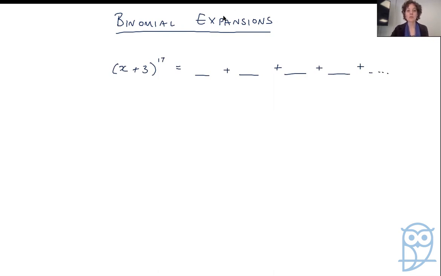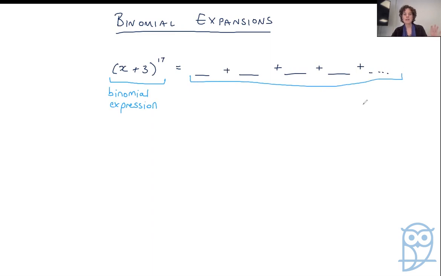Just to make sure that we are all talking on the same page first, this bit here is called a binomial expression. So it is two things in a bracket with an exponent. This bit here, when we get this plus that plus something else plus another thing, is your binomial expansion.